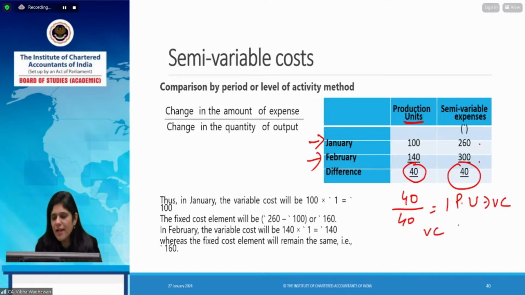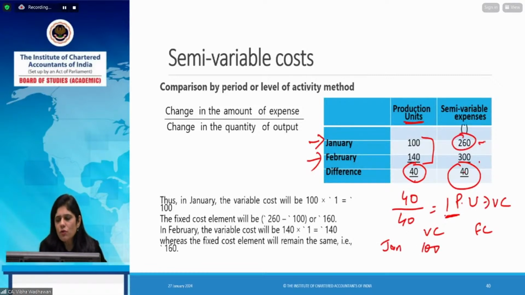Now we will calculate the variable and fixed cost. Variable cost is 1 per unit. How have you calculated? Difference in cost divided by difference in units. Clear? Now the units are here. 100 units for January. So variable cost is 1 per unit, and for January the variable cost is 100. Total cost is 260. Out of total cost, variable is 100. So how much is fixed?